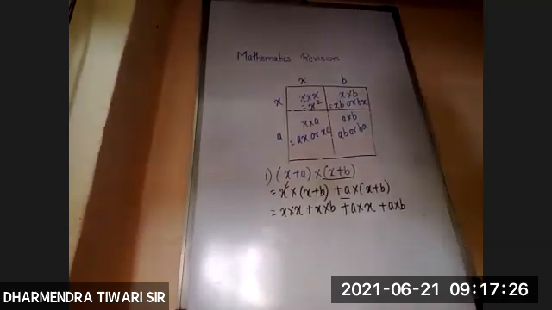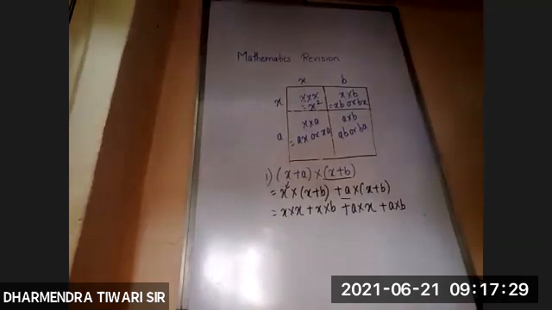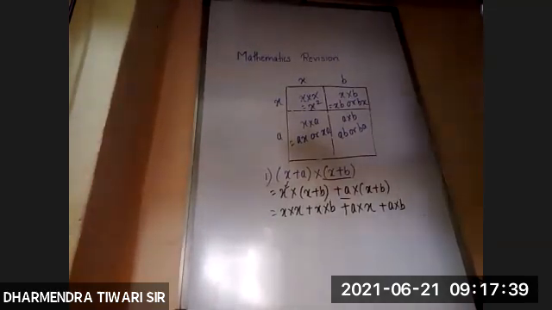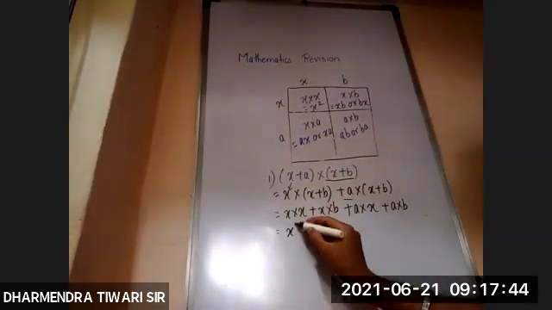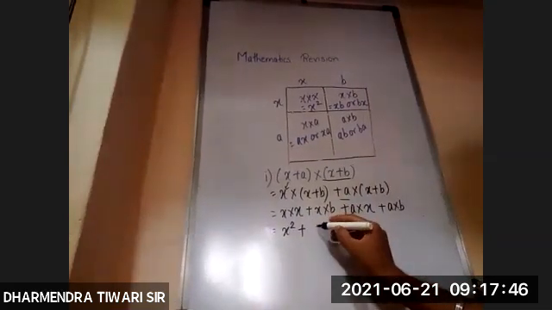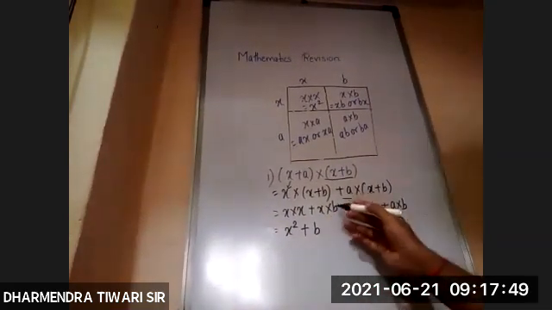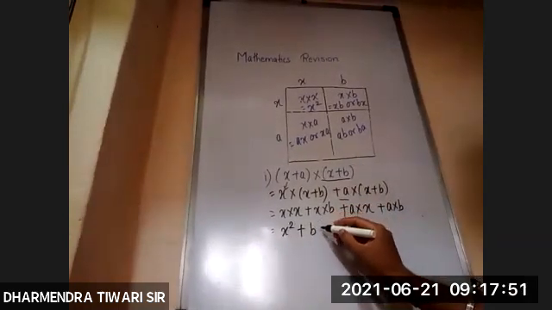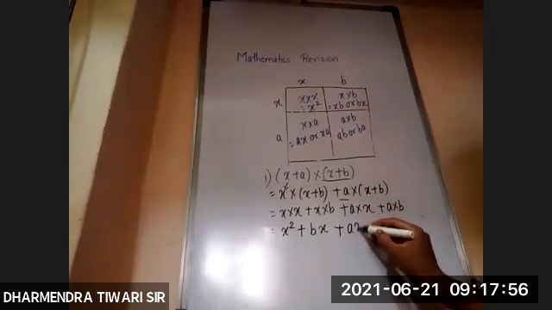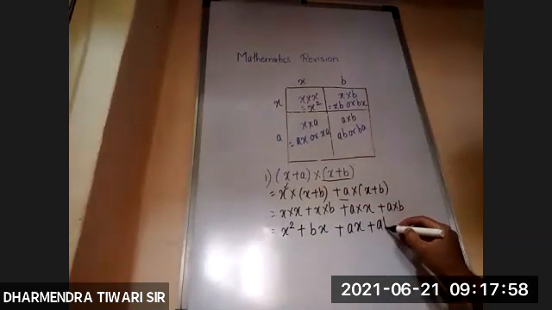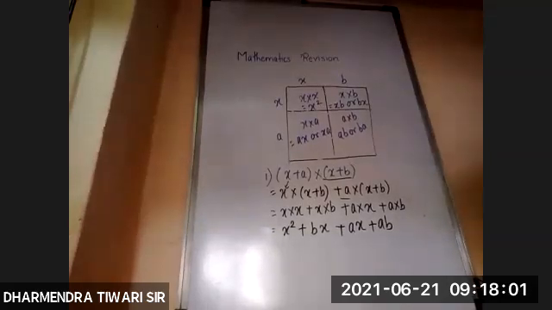Now, as we have done for earlier problems, just multiply the things, as we know that x into x is x square. x into b is bx, or if you want xb, you can write xb, no problem. I'm writing bx plus a into x is ax plus ab. Hope you have understood this.